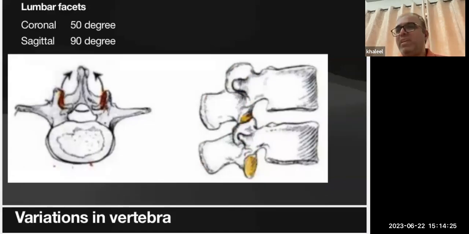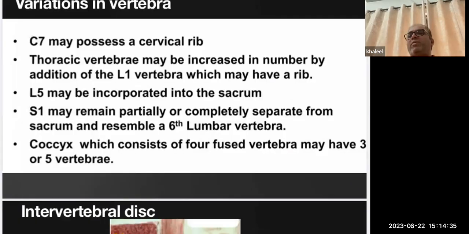Lumbar facets are angled at 50 degrees to the coronal plane and 90 degrees to the sagittal plane. Now, if we look at the vertebral body, there are some exceptions we must know, and we may come across them. The C7 may possess a cervical rib. The thoracic vertebrae may be increased in number by the addition of the L1 vertebra, which may sometimes have a rib.